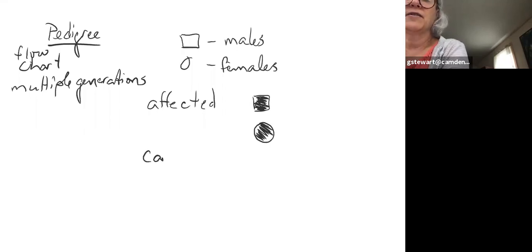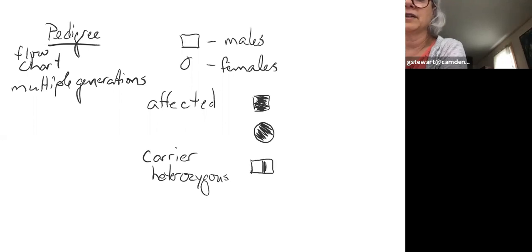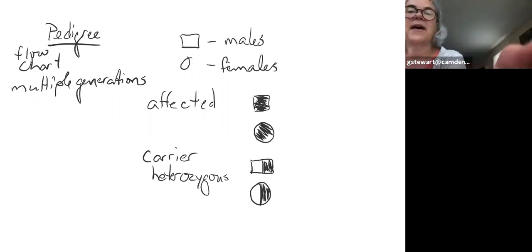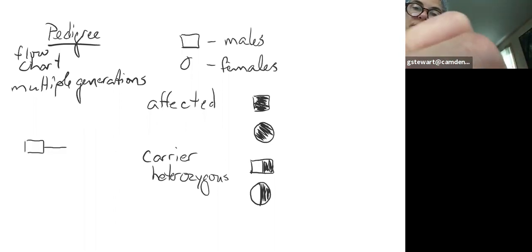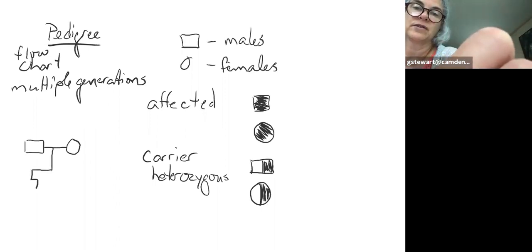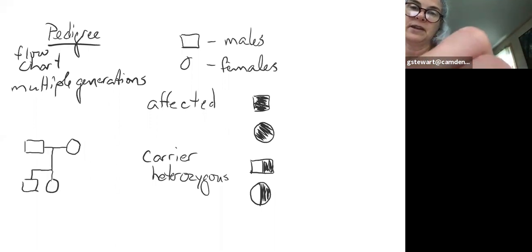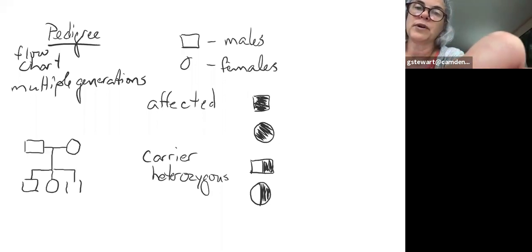If they're a carrier for a trait, meaning they're heterozygous, then only half of the symbol is colored in like this. Matings are depicted by a line between the two individuals, and the children of that cross or family are depicted in birth order.